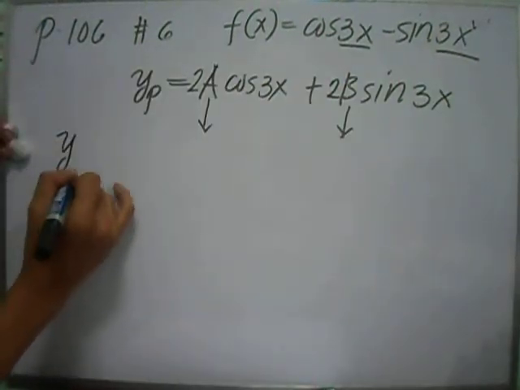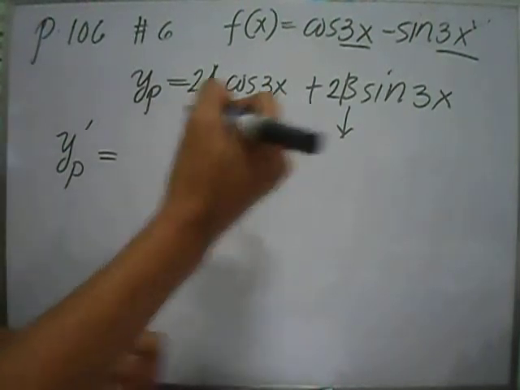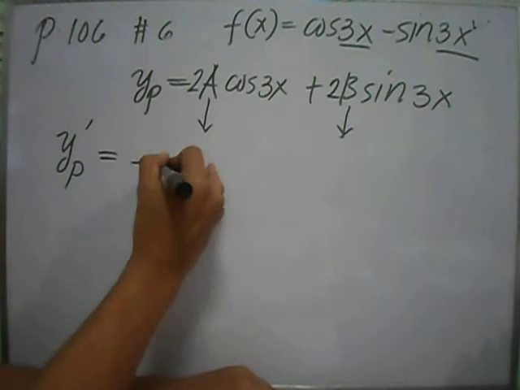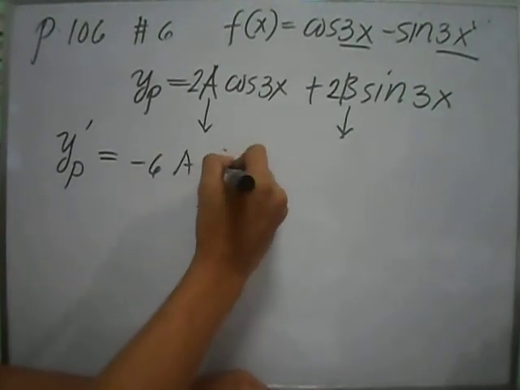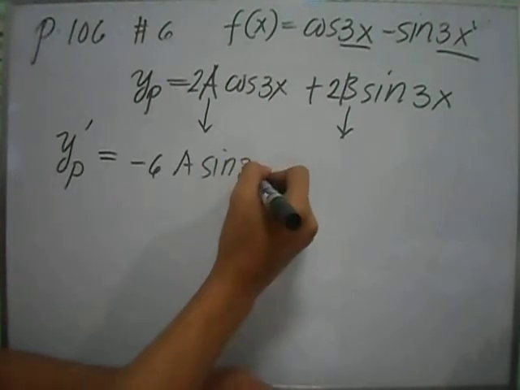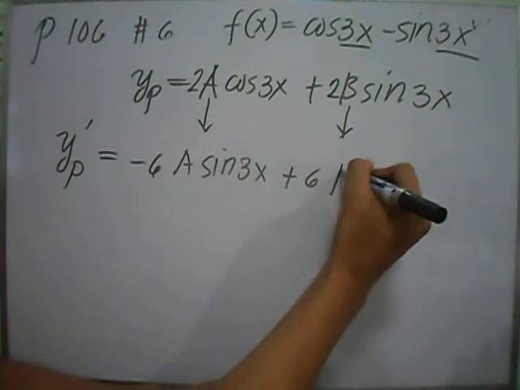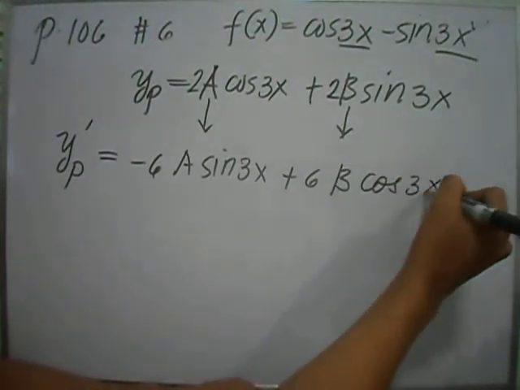Now differentiating, y prime will be equal to minus 3a sine 3x plus 3b cosine 3x.